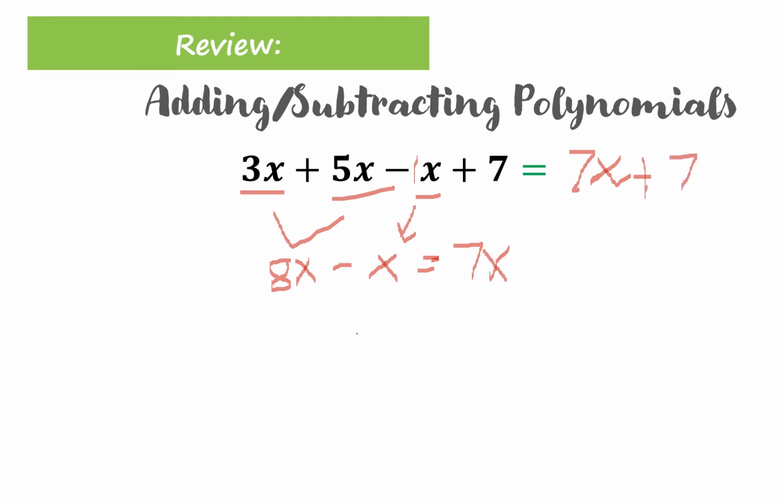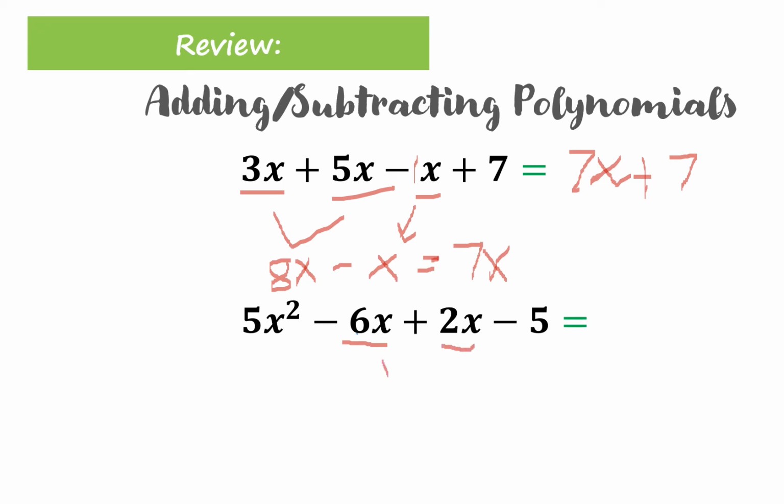Another example: 5x squared minus 6x plus 2x minus 5. In this example, let us first identify the like terms. Wala namang other term na x squared. We only have the same variable x, so the like terms are 6x and 2x.